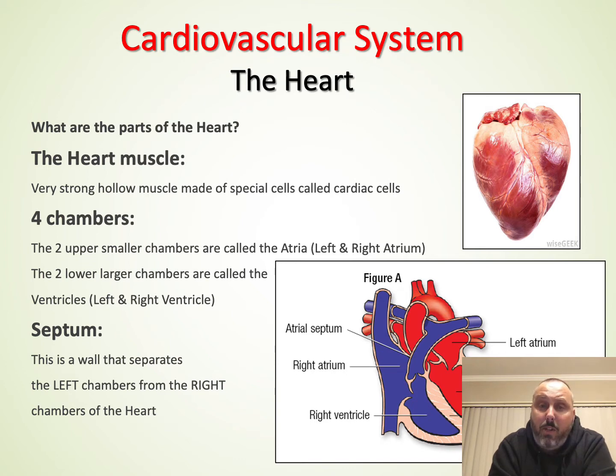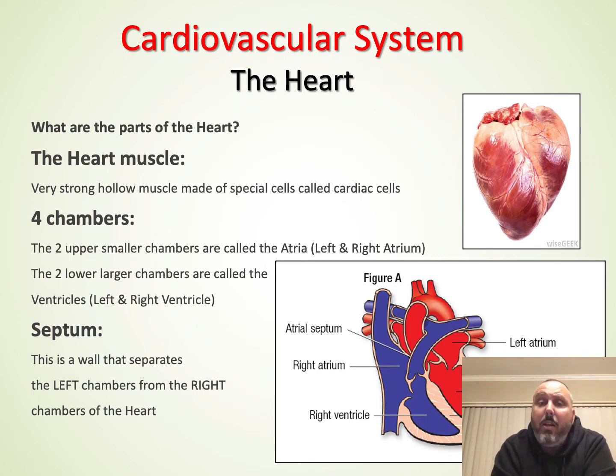Now, just to note, when you look at a picture of a heart diagram, you'll see on this picture the right atrium is on the left-hand side of the picture. So you are looking at it as if it was in somebody that you're looking at. If you're looking directly at me at my heart, or I'm looking at yours, obviously your right is my left.